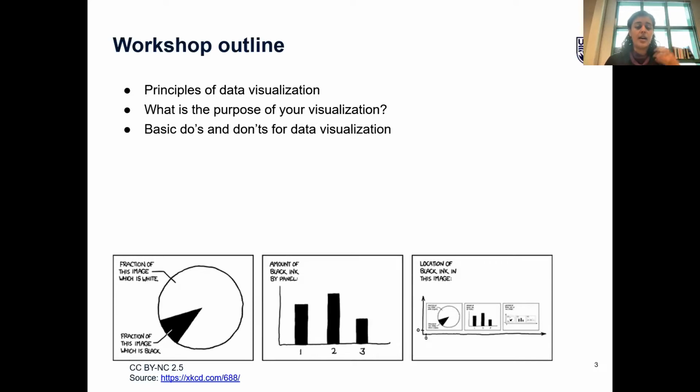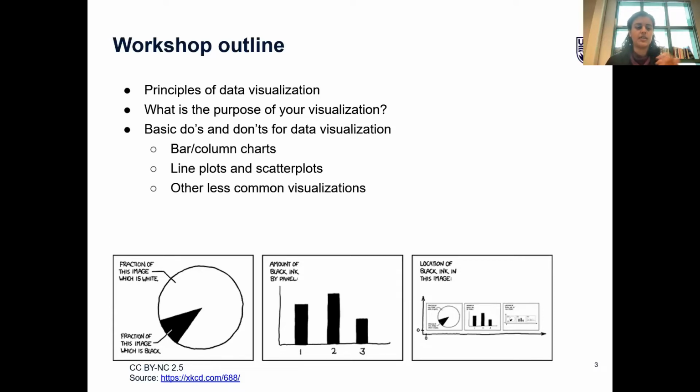We'll talk for a good chunk of time about bar and column charts, and then we'll talk for quite a while about line plots and scatter plots, and then we'll also touch on some of the less common visualizations that you might be using and what the advantages and disadvantages of each of them are, what kinds of data they're best suited to, and best practices for how to make them.